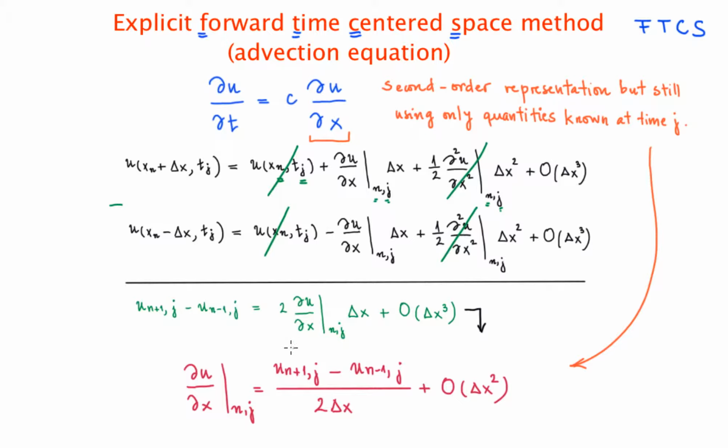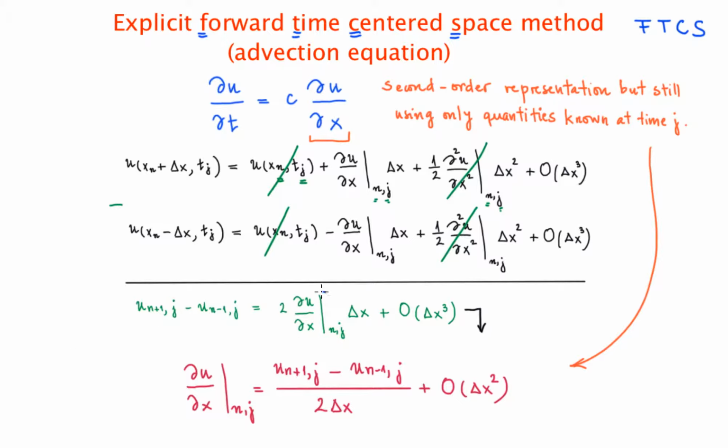If we solve from here, we get the finite difference representation for the partial derivative of u with respect to x. That's the result, and as you can see, it's a second order representation for the partial derivative of u with respect to x.